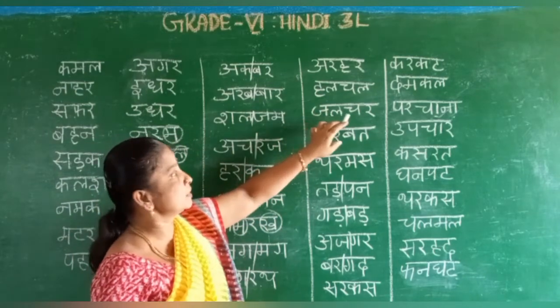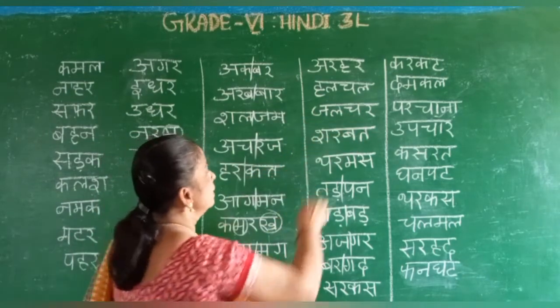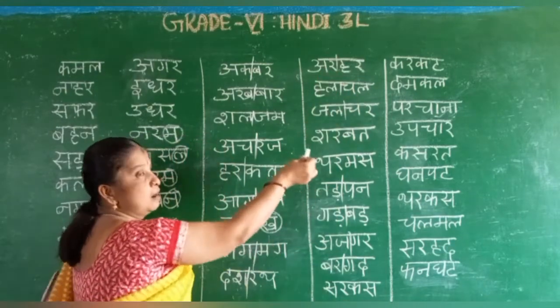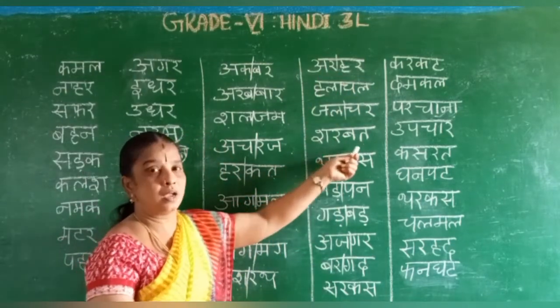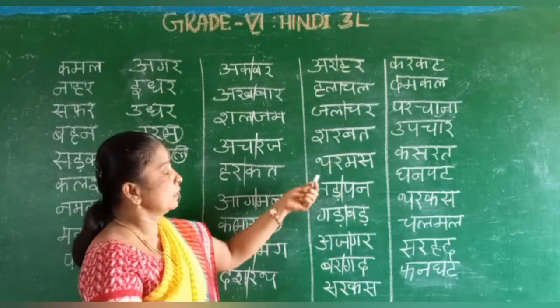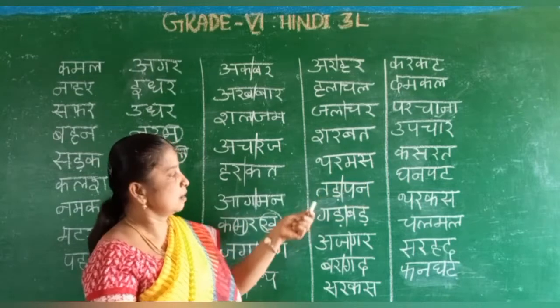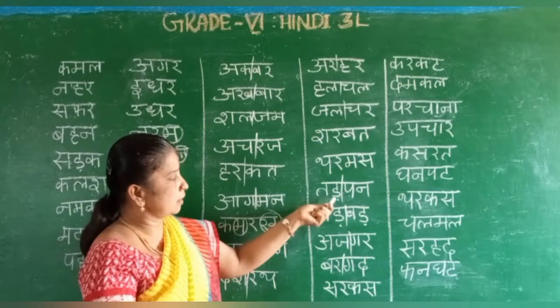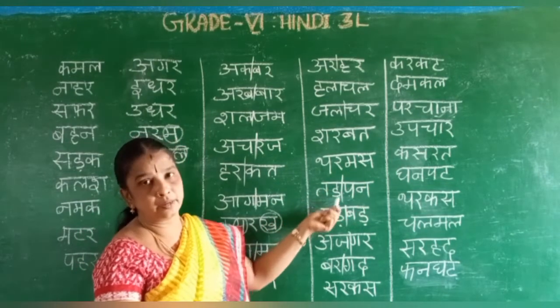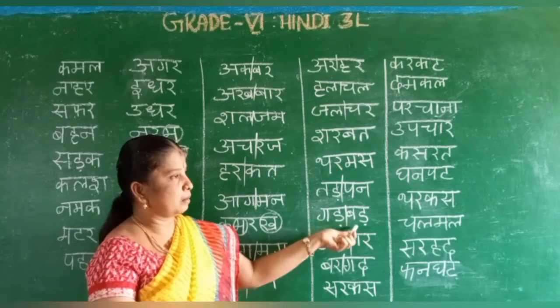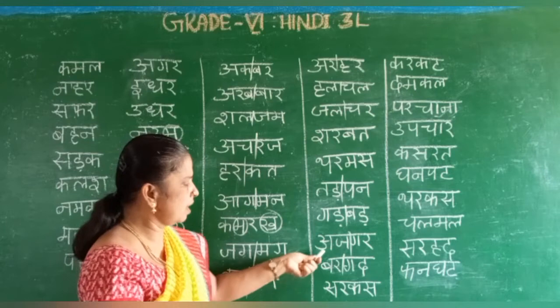Jal, char. You split the two letters and read. Sharbat. Thermos. Tadpan. Gad, bad, gadbad.